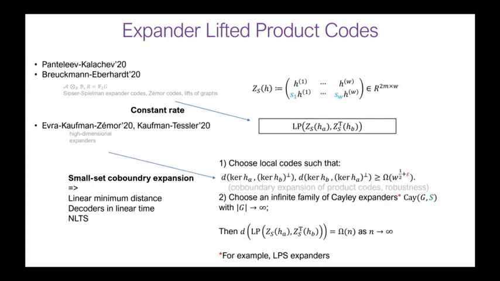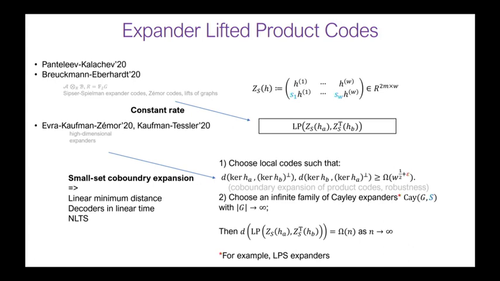And actually, the first ingredient only gives you, as you saw from the previous example, constant rate. It cannot give you linear minimum distance. And the second secret ingredient that actually gives linear minimum distance was inspired by another paper that used high-dimensional expanders to construct LDPC codes.